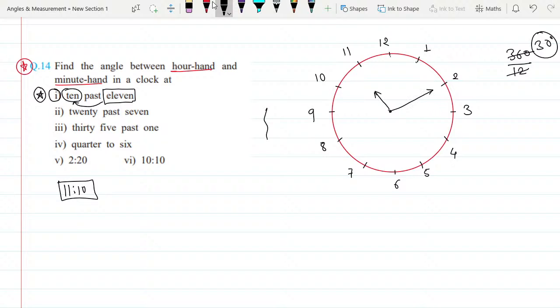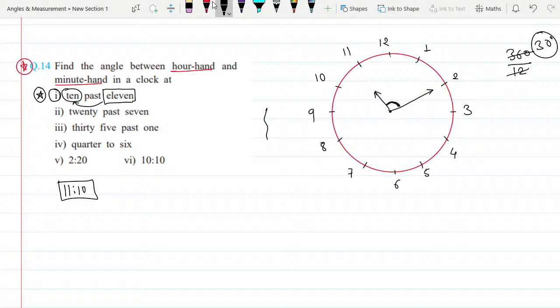See here, because of this 11:10, how much angle are you observing between these two? Initially we will consider this hour hand is exactly at 11 and the minute hand is exactly at 2. How much degree are you finding between these two?